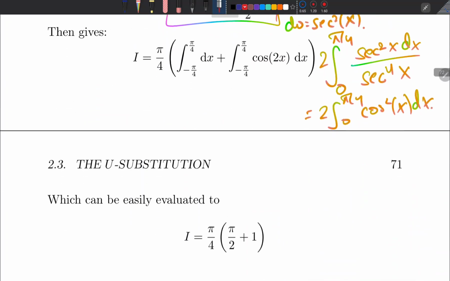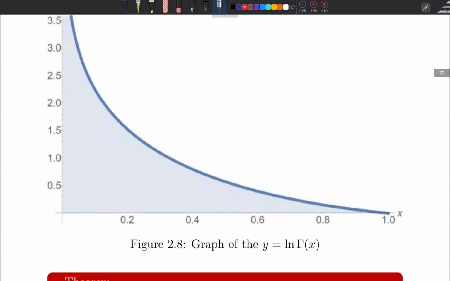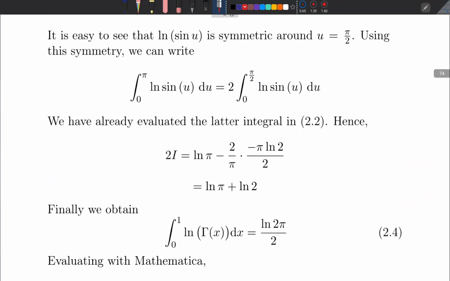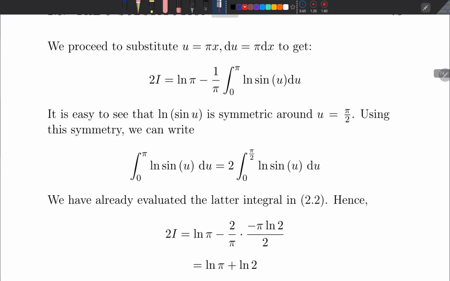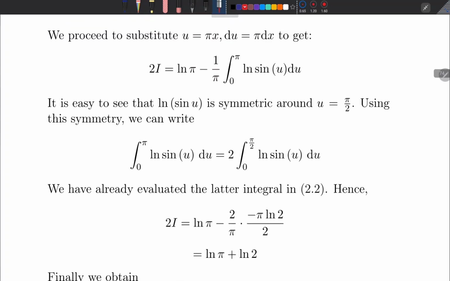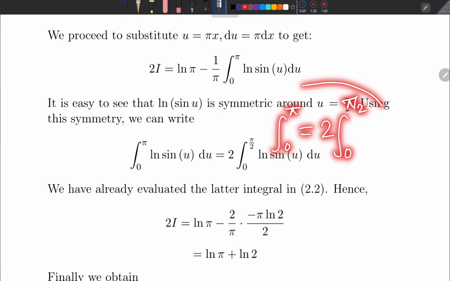I think it's done over there. Wait a second. Yeah, here we are. Just take a look at this: u equals pi times x. And again, the integral from 0 to pi equals 2 times the integral from 0 to pi over 2.